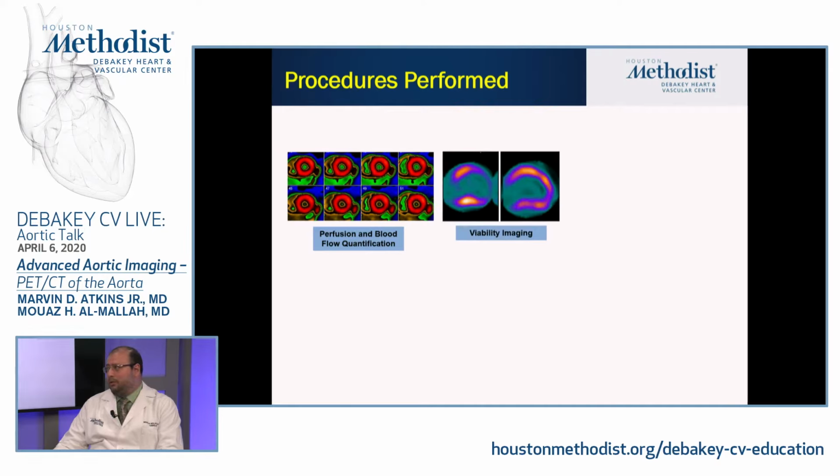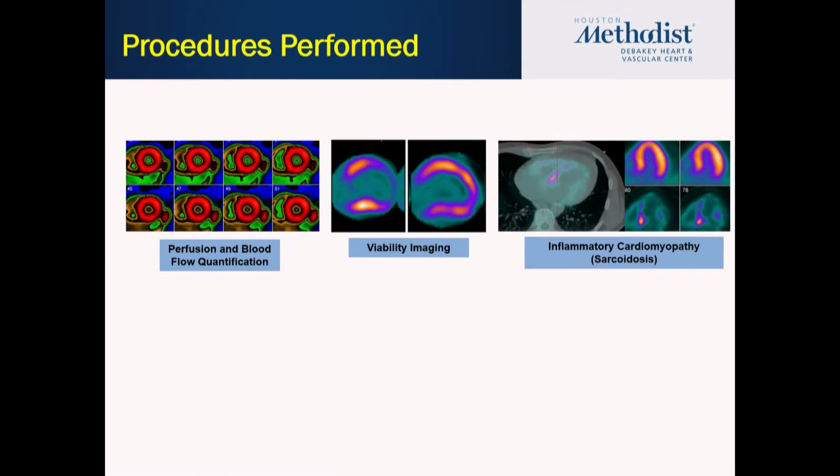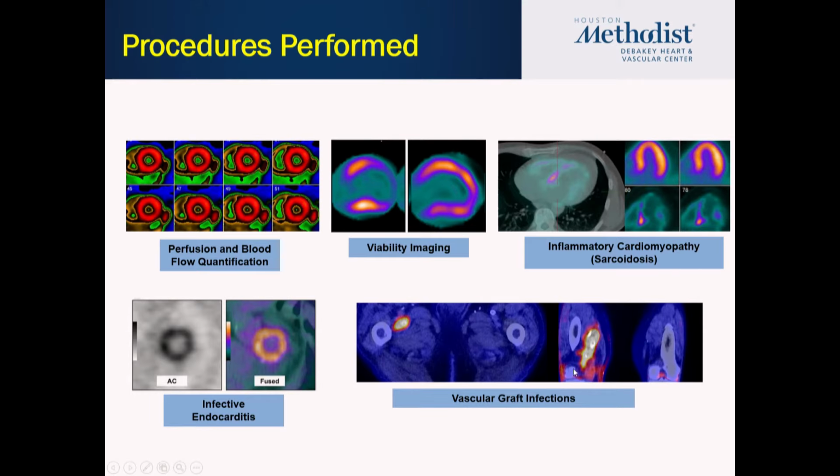We can also do viability imaging prior to needed surgeries, and we image inflammation in the myocardium, like sarcoidosis or other inflammatory cardiomyopathies. A new application is the imaging of infections, and we will cover some of it today when we talk about vascular diseases, including imaging of vascular graft infections that is now being seen here.